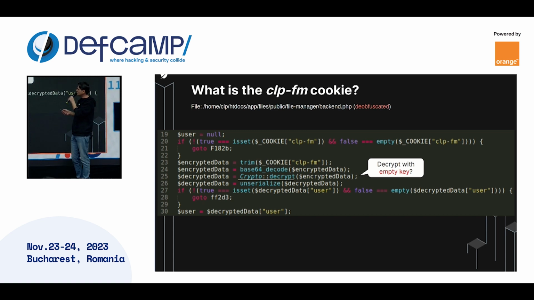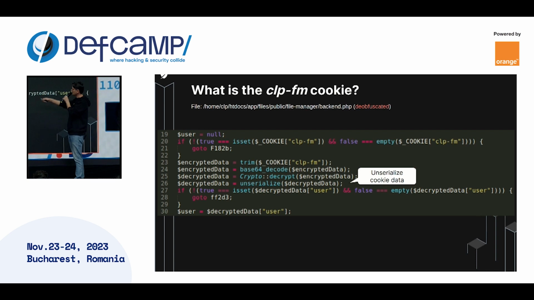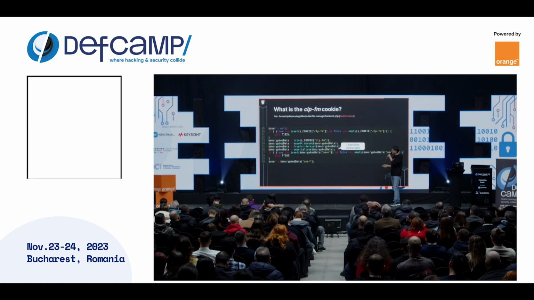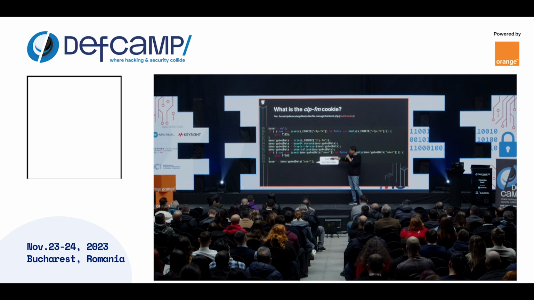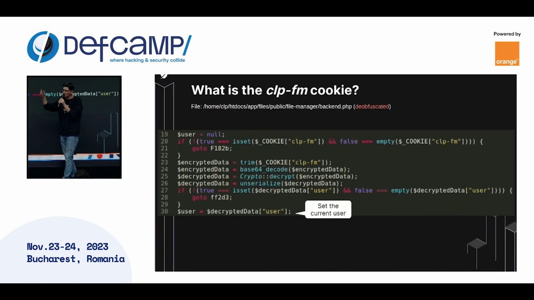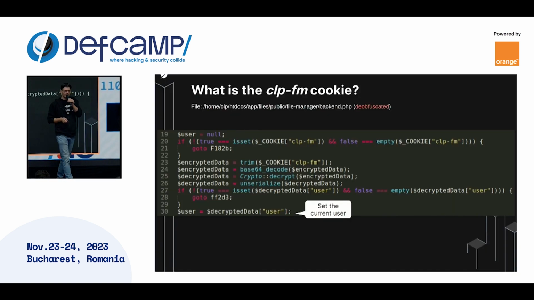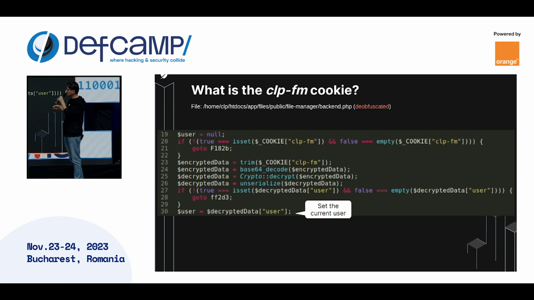After that, it does unserialize the data, which transforms it into an object, and at the end, it gets the user value from that object and uses it after that in the execution.